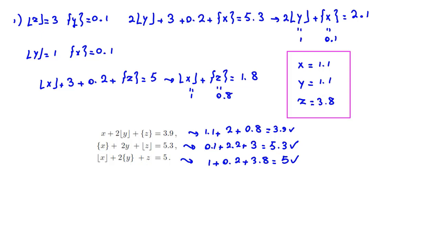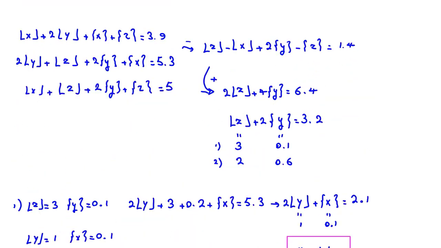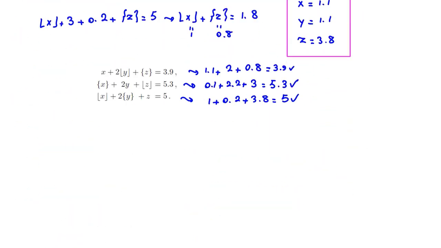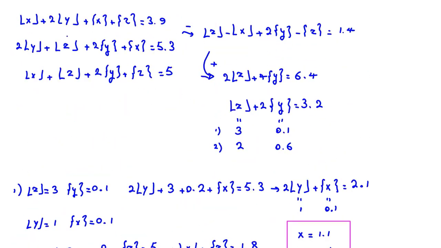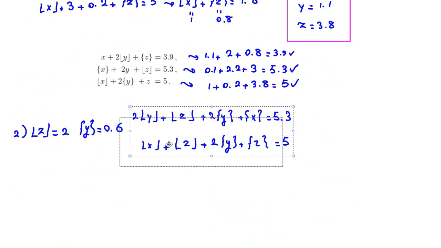Now, let's solve case 2. In case 2, we said the integer part of z is 2 and the fractional part of y is 0.6. Again, let's consider these two equations. Let's copy and paste them.